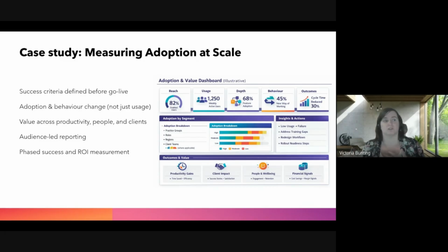So rather than waiting until go live and asking, how do we measure the success now? We've deliberately stepped back first and designed what that success and adoption should look like up front. So before the rollout, we've agreed what behaviours we expect to change, how we'll know those changes are happening, and what signals actually indicate value rather than activity.